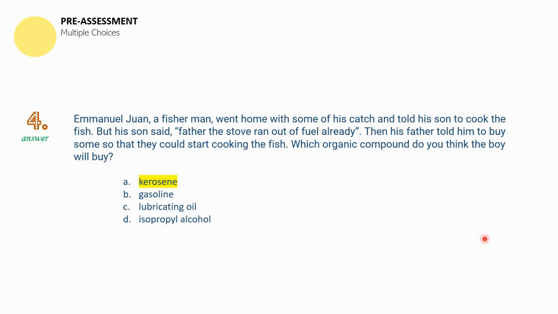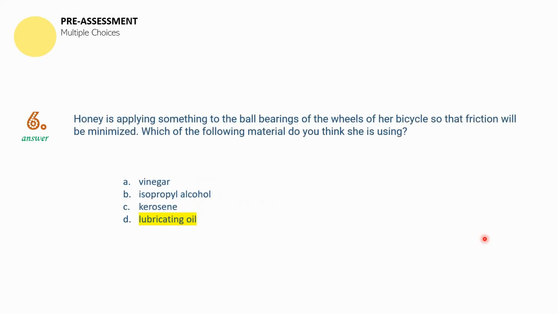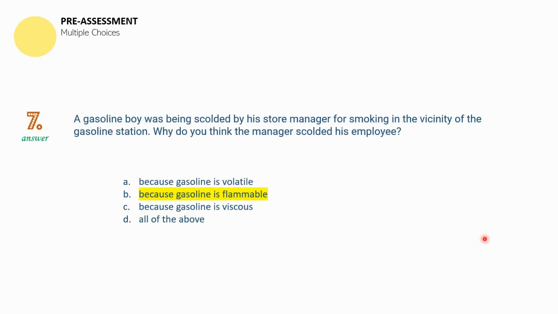The answer to question number 5 is D. Liquefied petroleum gas, kerosene. The answer to question number 6 is D. Lubricating oil. The answer to question number 7 is B. Because gasoline is flammable.